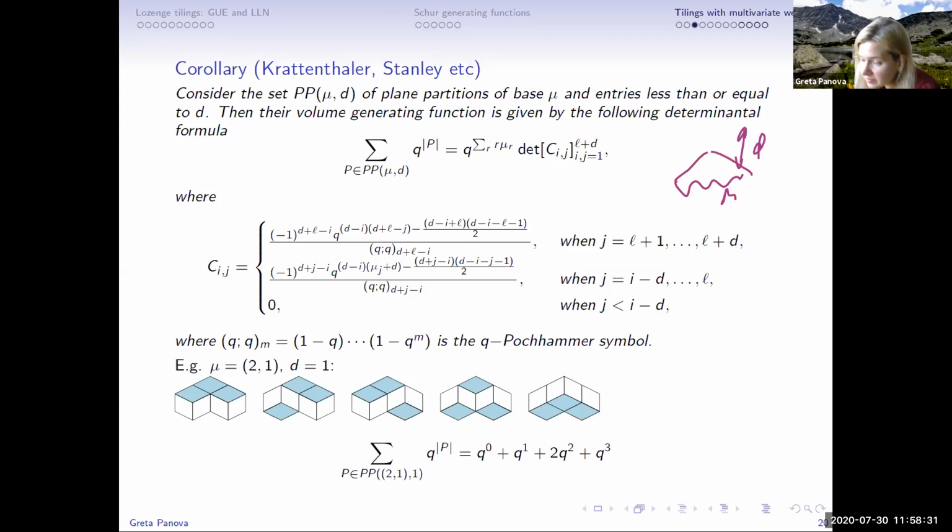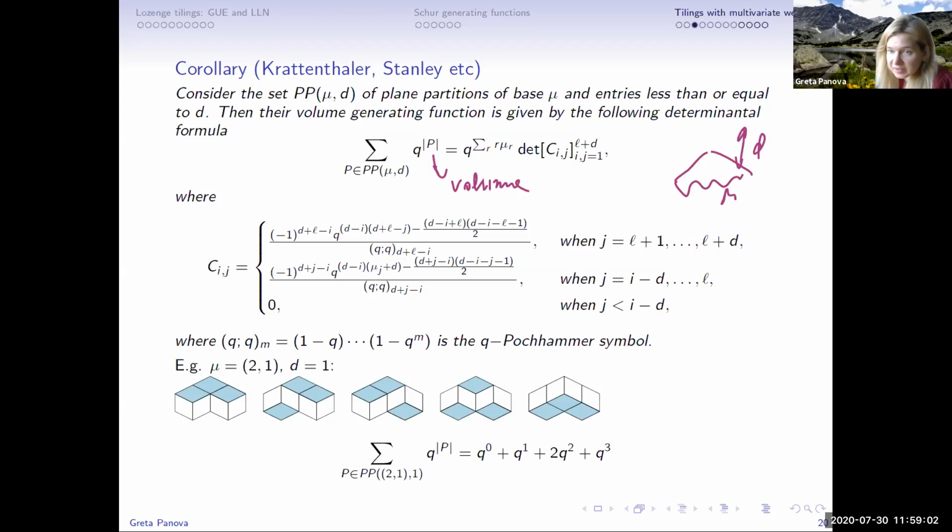And p is just the sum of the numbers or the number of boxes, or basically the volume of this stack of boxes or the plane partition. And then we get this particular determinant, which is q to some power divided by these Pochhammer symbols.